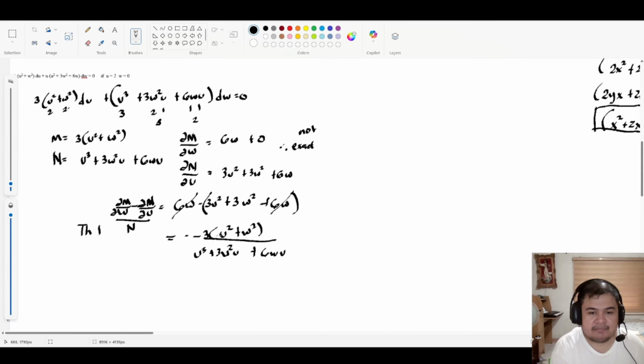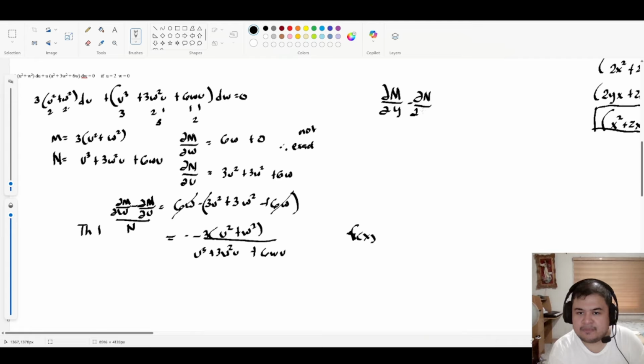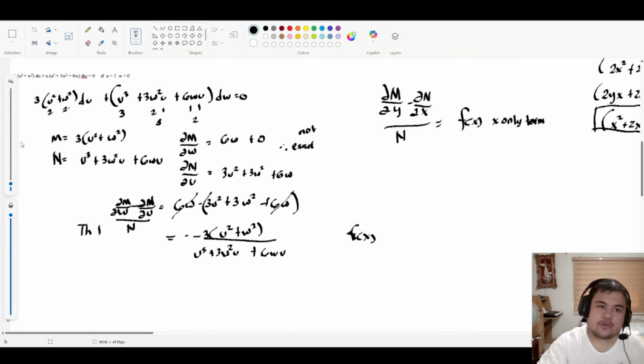For the first theorem, if we were using x and y variables, it is (My minus Nx) over N. If that becomes an x-only term, it means that it can be transformed into exact.